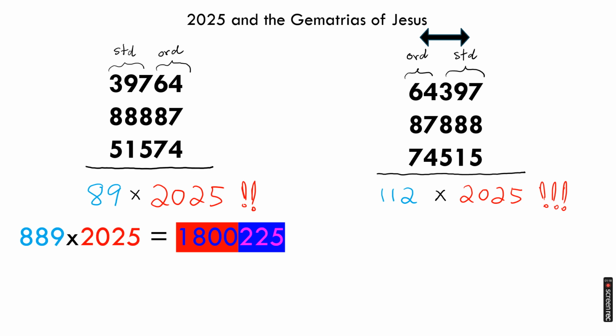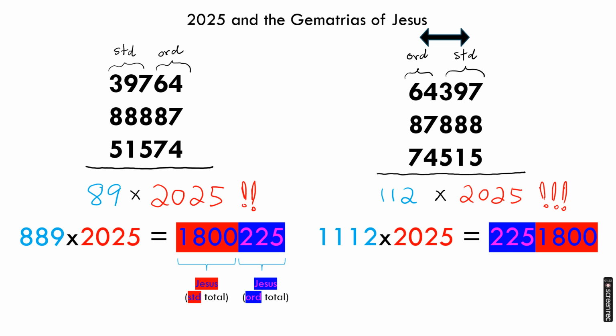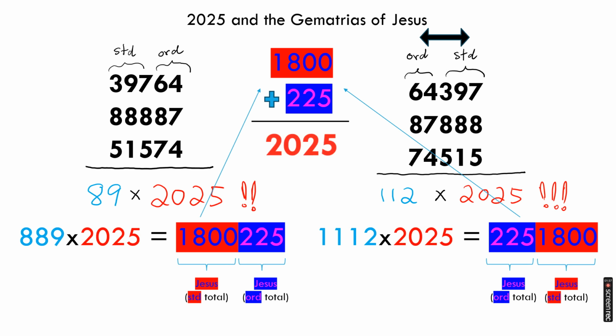Furthermore, 2 infinite product series may be formed. Their second members, also multiples of 2025, are numbers amalgamated with the standard and ordinal totals of Jesus in 3 languages that sum to 2025. This is simply staggering.